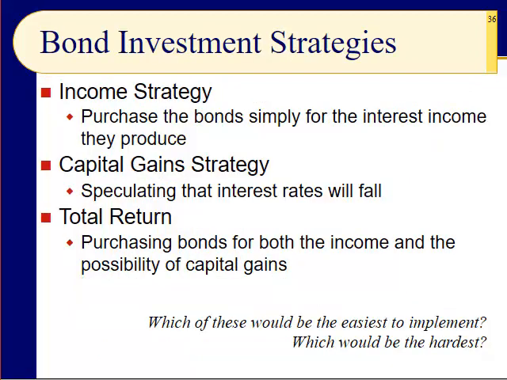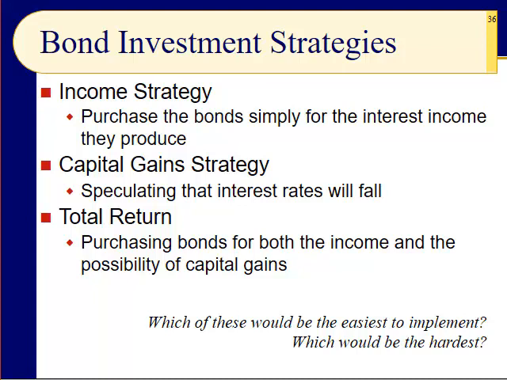Slide number 36. Bond investment strategies. So we're basically recapping here, folks. There are 3 ways we can make money in bonds. Through an income strategy where we purchase the bond simply for the interest income. People buy their bonds and live off the interest or build the portfolio with the interest.